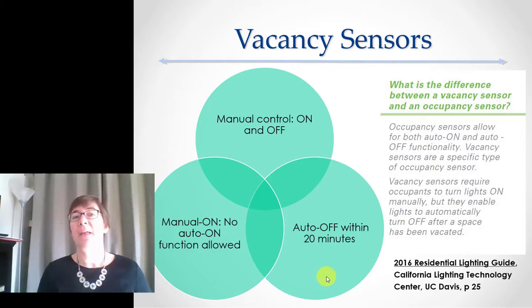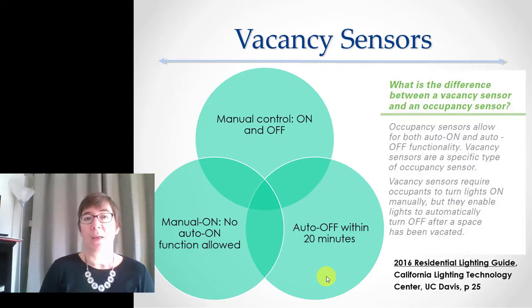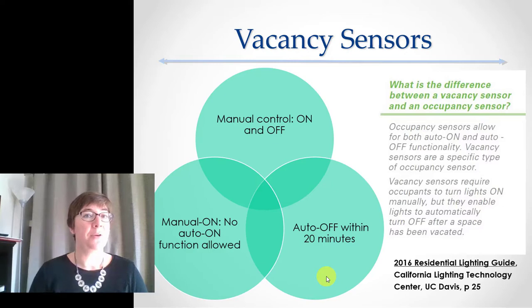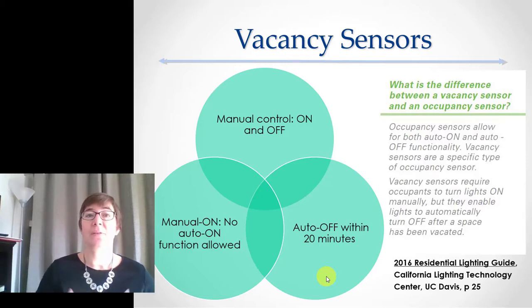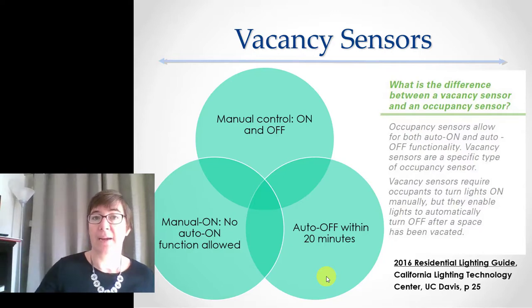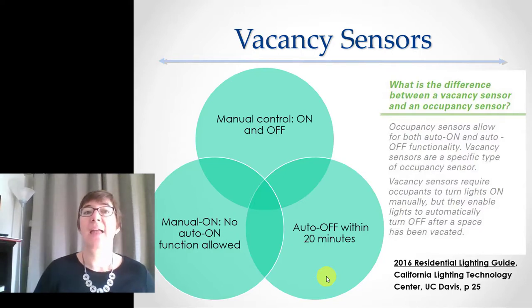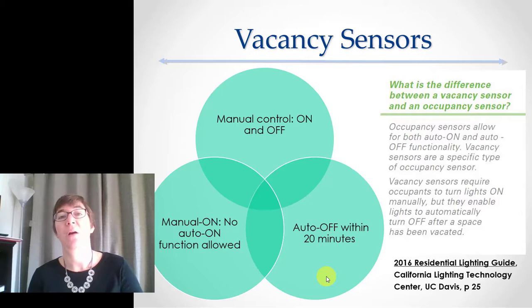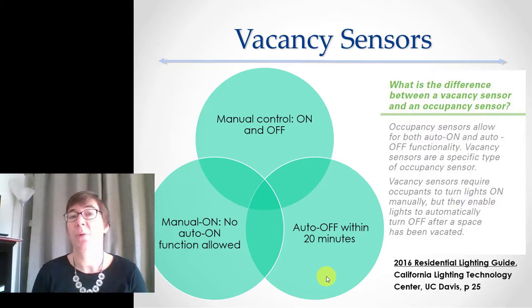So the basic thing that you need to remember here is that in bathrooms, laundry rooms, and garages, you're required to have at least one light fixture use a vacancy sensor. And the vacancy sensor will need the user to turn the light on, but then it will automatically turn the light off if someone leaves the room without turning it off.